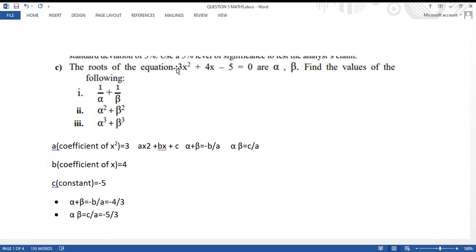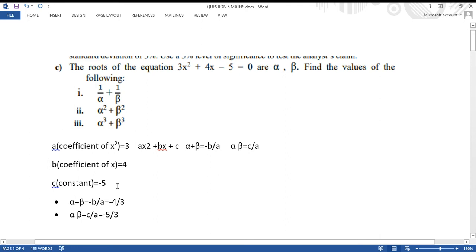So you get your coefficients and your constant. a, which is the coefficient of x squared, you list it down, it is 3. b, which is the coefficient of x, you list it down, it is 4. Then c, which is our constant, a number without a variable, a number without a letter, write it down as -5.